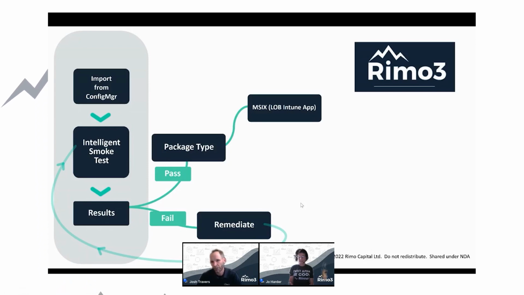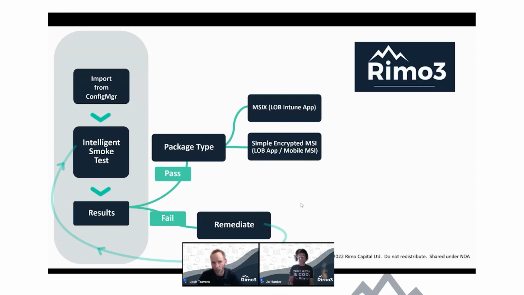Now, what happens if the application fails as an MSIX package? Well, what we can then do is we look at that application and all of the intelligence that we've gathered. So one use case is it's a simple MSI. It doesn't have any transforms or any heavy weighted dependencies. No problem. We're going to wrap that as an encrypted MSI and automatically export that into Intune as well.